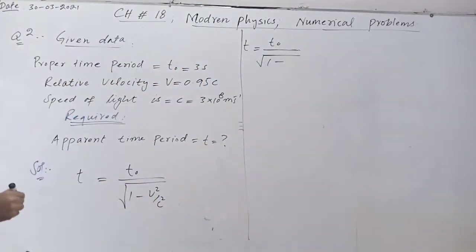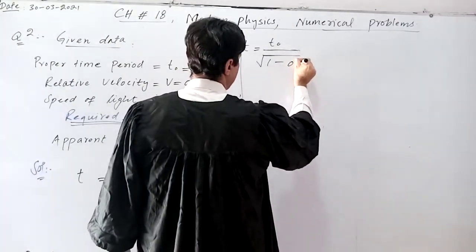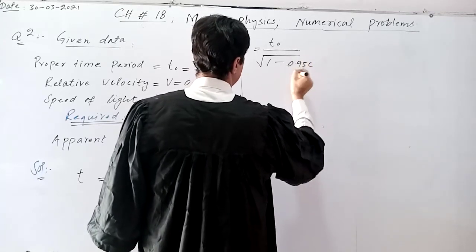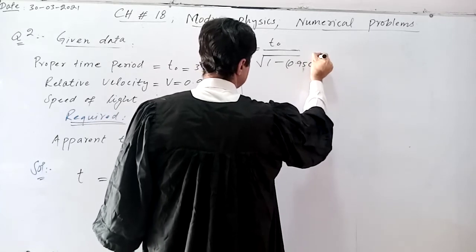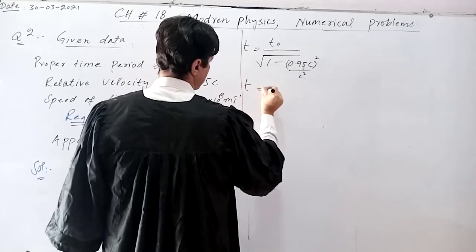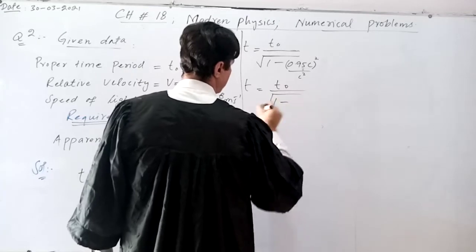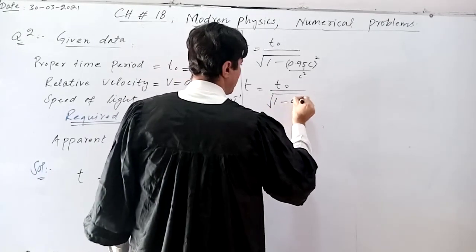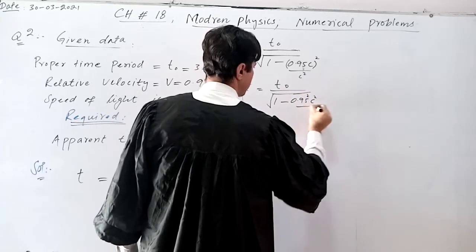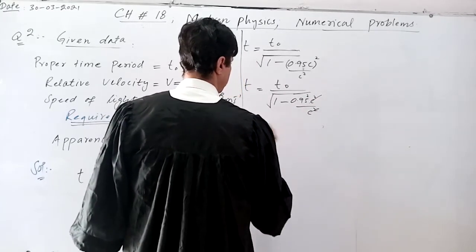The value of v is 0.95 c, but it is in square, divided by c square. Further simplification: T equal to T naught divided by under the root 1 minus 0.95 square c square divided by c square. This c square will cancel with c square.